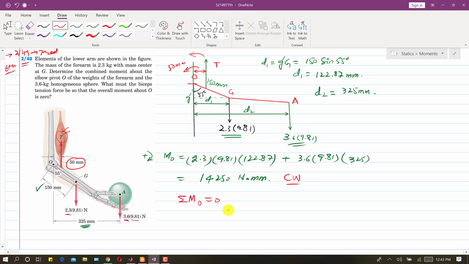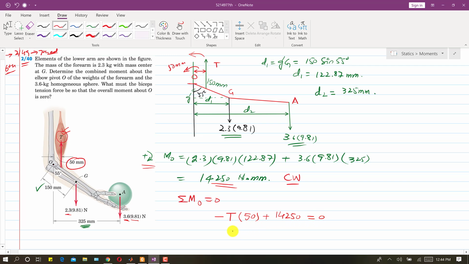The tension moment is counterclockwise, and we have assumed clockwise direction is positive, so it will be minus T into its perpendicular distance, which is 50, plus 1450, and this equals 0.